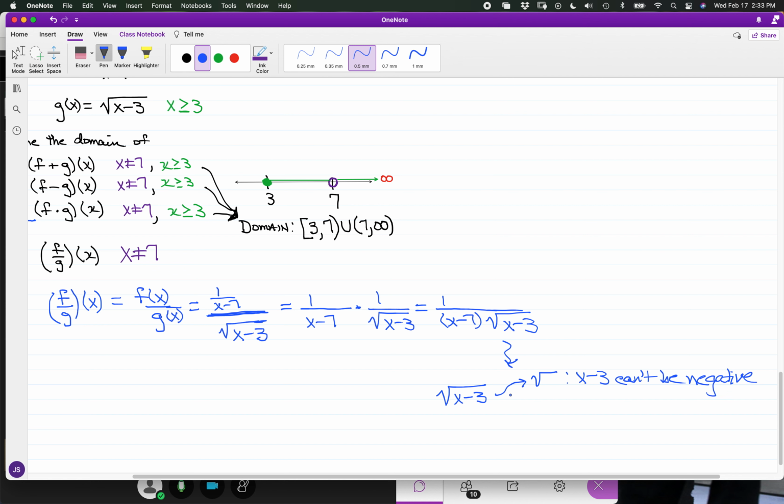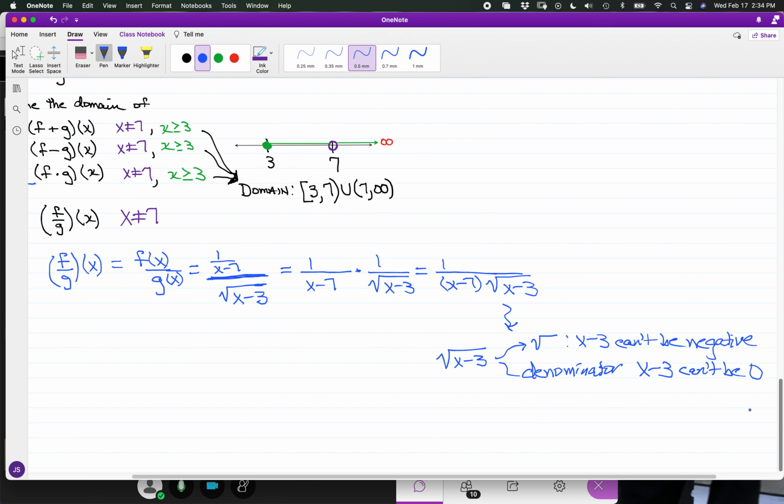And also because we have the square root of x minus 3 in the denominator, x minus 3 cannot be 0.